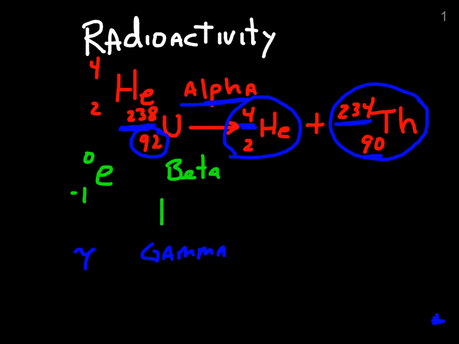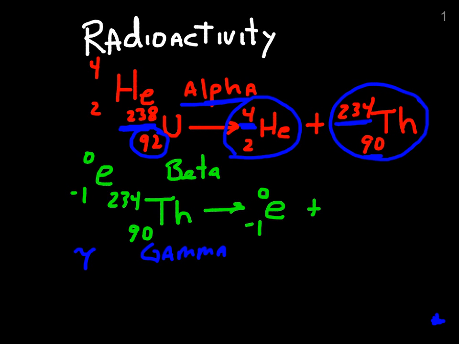Here's a beta reaction. Let's again take this thorium, and we'll start off at 234, thorium. Thorium's atomic number is 90. And this time I'm going to give off a beta particle, e. Have to write it that way. An electron has no mass, 0, and has a charge of -1.